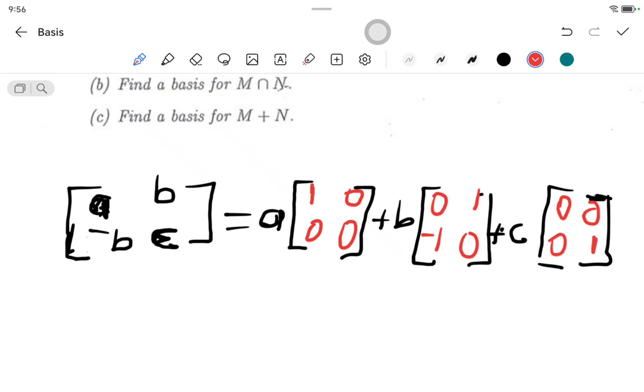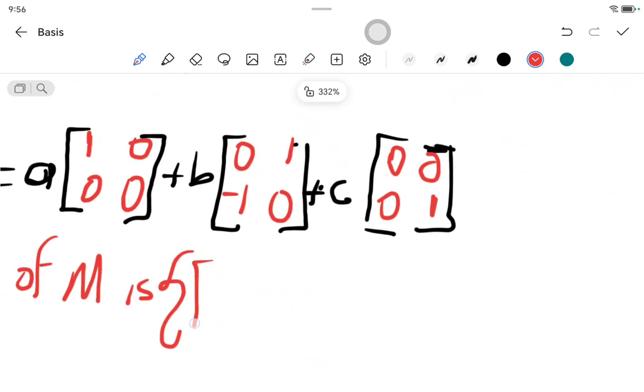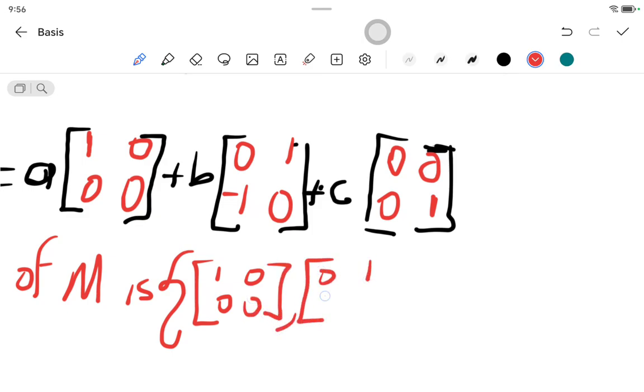Now, when we check this, we found these values. Since we found these values, now we're going to say that the basis of M is, then I put them inside here, 1, 0, 0, 0, 0, 1, -1, 0.